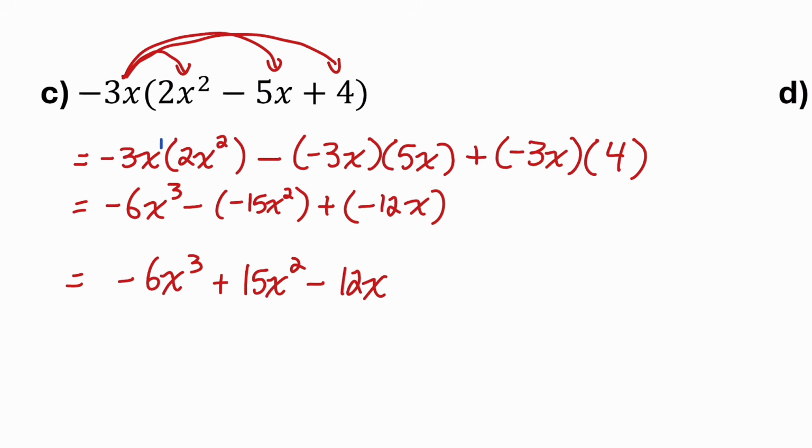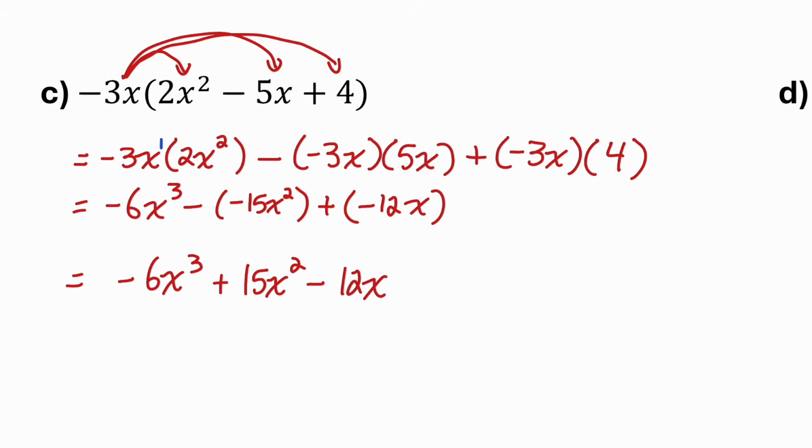And before we move on to the next example, I want to point out how we can start thinking about these products. When I multiply the negative 3x by this entire trinomial, I can think of finding three products. The negative 3x times 2x squared, which is negative 6x cubed. And then the next product, the negative 3x, gets multiplied by, we can think of this as a negative 5x.